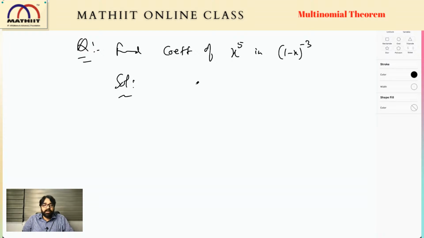What do you say? 5 plus 3 minus 1, C3. This plus this, without minus. This plus this minus 1, C this minus 1. I made a mistake, sorry. This minus 1, or you can write 5 also, doesn't matter. 8 minus 1 is 7, C2. 7C2 or 7C5, whatever you want to say. This is the coefficient, means 7 into 6 by 2, which is 21.